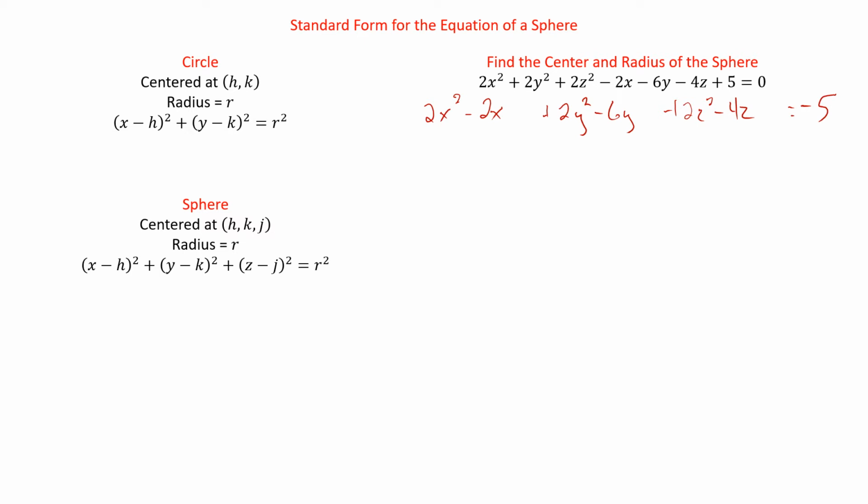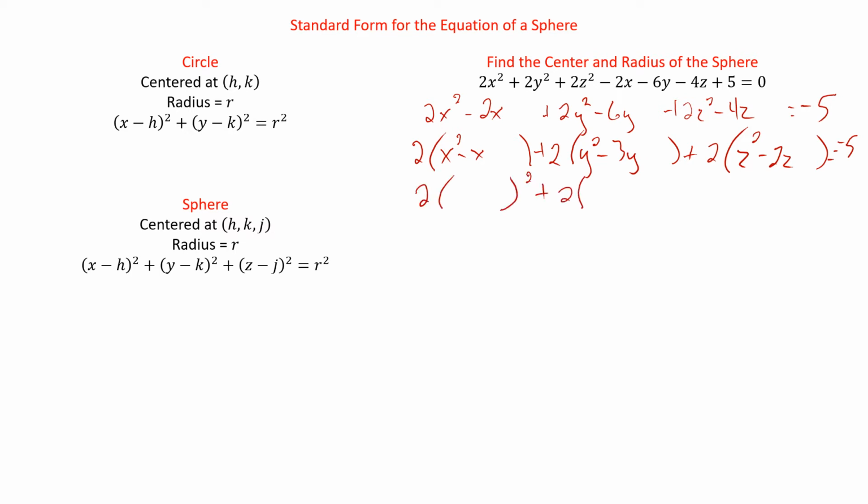So we're going to factor out the 2. So we have 2 times x squared minus x, leave a space, plus 2 times y squared minus 3y, leave a space, plus 2 times z squared minus 2z, leave a space, equals -5. Now we can complete the square, so we'll have 2 times something squared plus 2 times something squared, plus 2 times something squared will equal something.